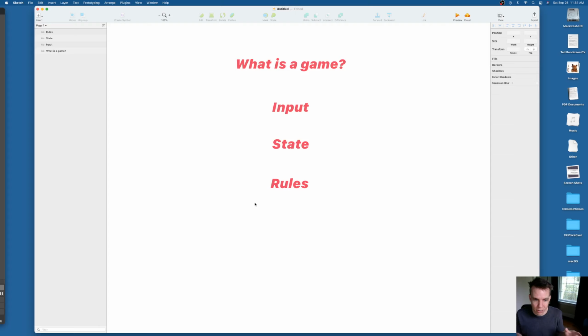We have a board of tiles where you're allowed to place your piece on a discrete tile. You can't place a piece in between a tile. That's not really something that is allowed. You can't have a piece that's intermediate, in between one tile and the other. It needs to be discretely on a tile. Okay, that's a rule.